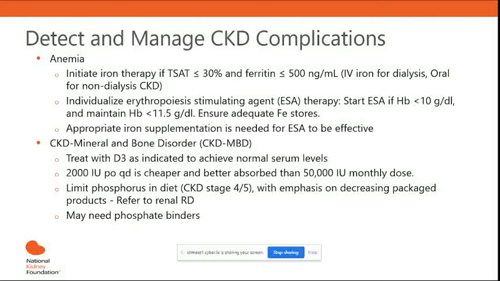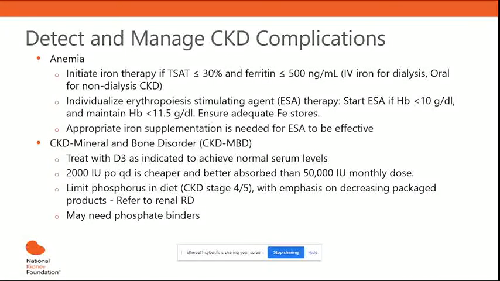In dialysis patients, we give intravenous iron. In non-dialysis CKD patients, we usually give oral iron. Once the iron stores are corrected and the patient is still anemic, with hemoglobin less than 10, we start erythropoietin stimulating agents like erythropoietin or darbepoetin to maintain the hemoglobin around 11 to 12. Appropriate iron supplementation is required to use these agents. Otherwise, your erythropoietin will not work if you are iron deplete.